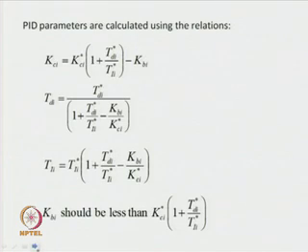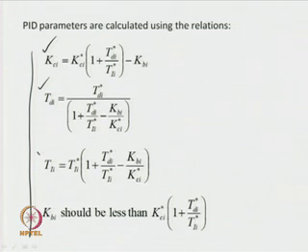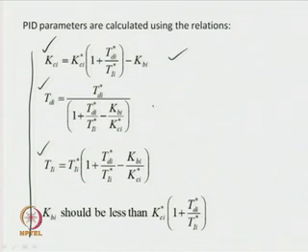For that, using simple calculations, one can find out these relations. Now, the parallel PID controller parameters KCI, TDI and TII can be obtained from the parameters of the new PID controllers using these expressions.